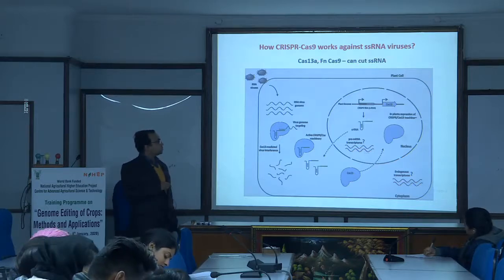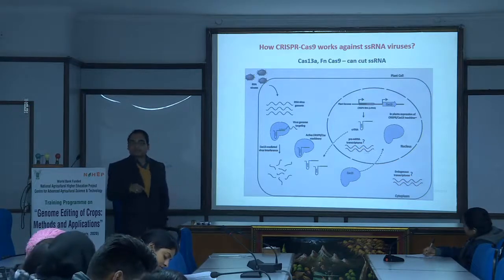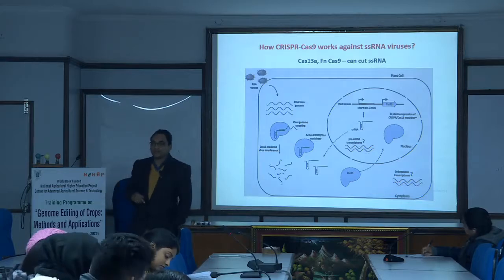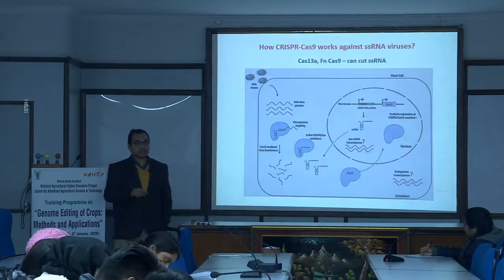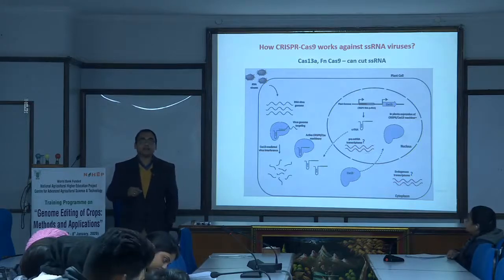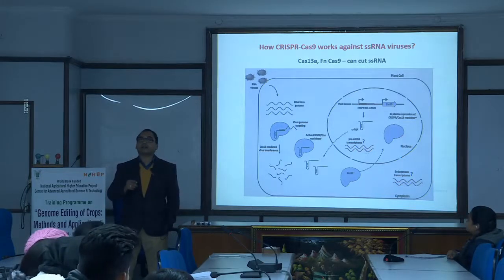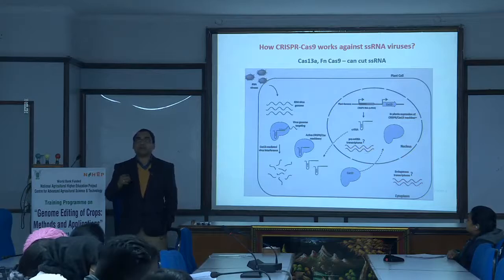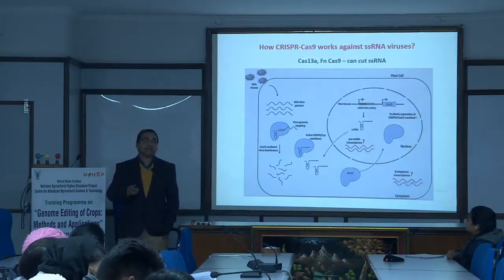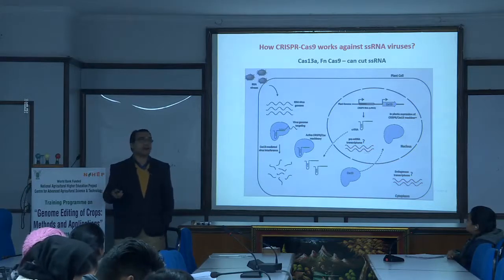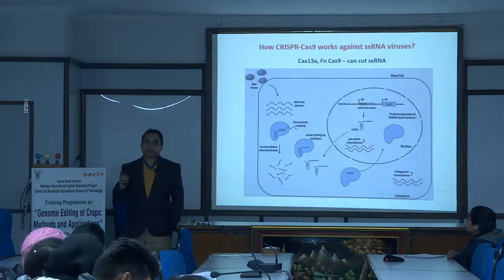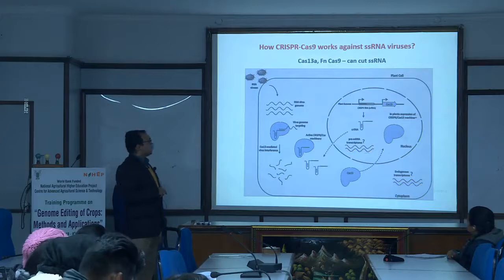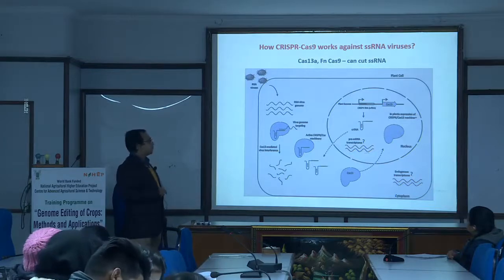When these proteins were discovered, people immediately jumped to the idea that we can target RNA viruses too. Remember that in plants, though begomoviruses are the most economically important viruses, the maximum number of viruses are single stranded positive sense RNA viruses. So, if we can target the RNA viruses, then it will be very nice.